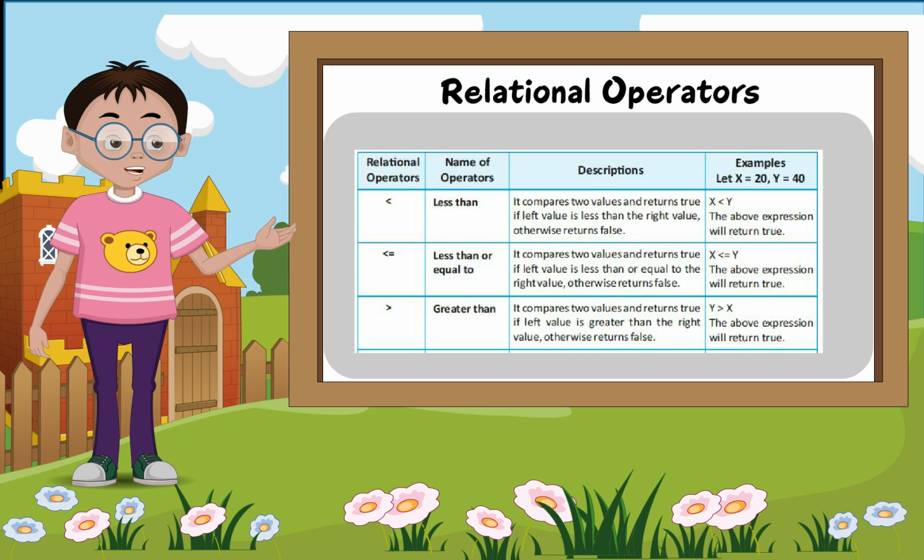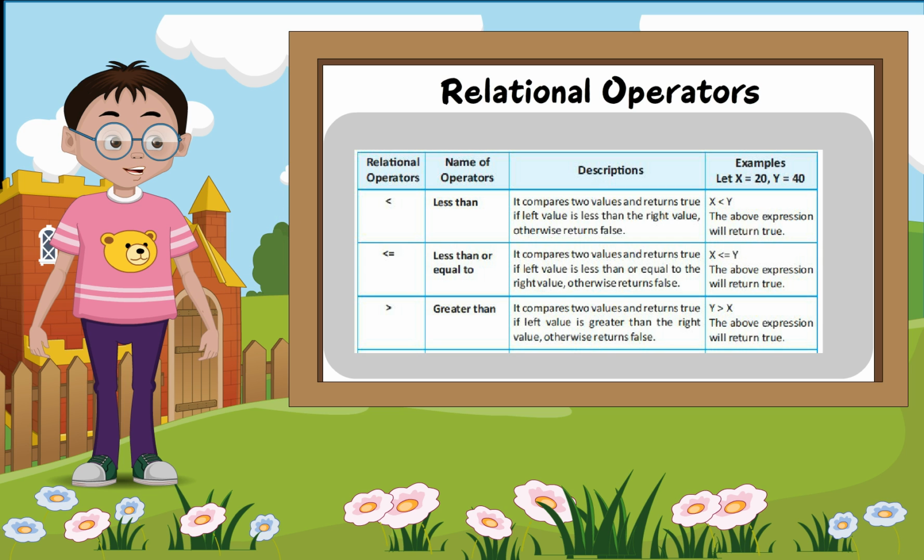It compares two values and returns true if the left value is less than the right value, otherwise returns false. x less than y. The above expression will return true. Less than or equal to. It compares two values and returns true if the left value is less than or equal to the right value, otherwise returns false. x less than or equal to y. The above expression will return true.